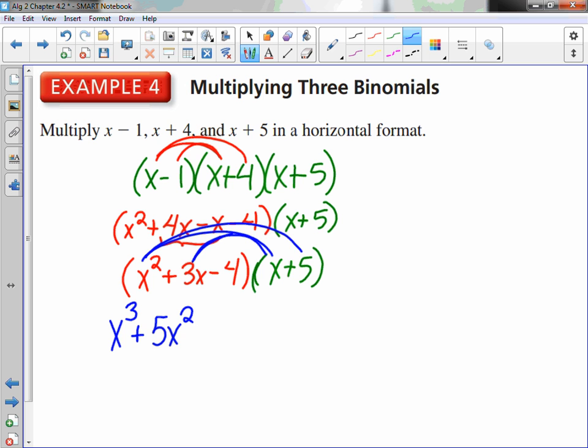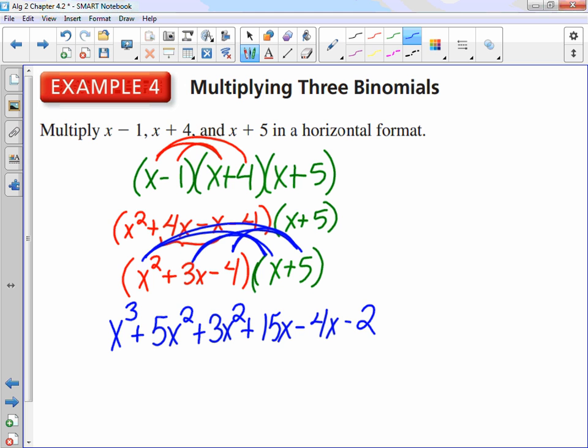Then 3x times x and 3x times 5. Well, positive 3x times positive x will be plus 3x squared. 3x times positive 5 is going to be plus 15x. Negative 4 times x and negative 4 times 5. Well, negative 4 times x would be negative 4x. Negative 4 times positive 5 would be negative 20.